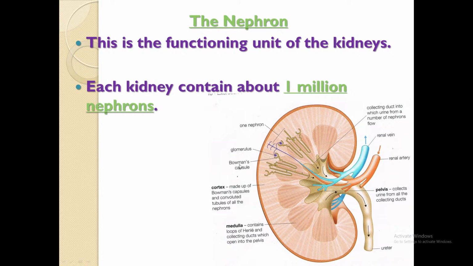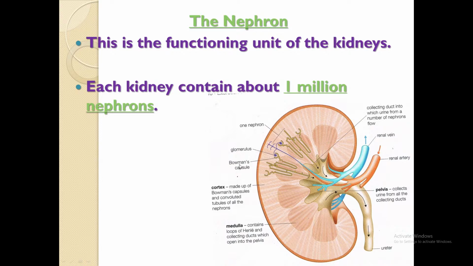Now the kidneys have different parts or components. The kidney has parts such as the pelvis, medulla, cortex, and of course the renal artery and the renal vein. But there is a part that is known as the nephron. That's the part known as the functioning unit of the kidney.